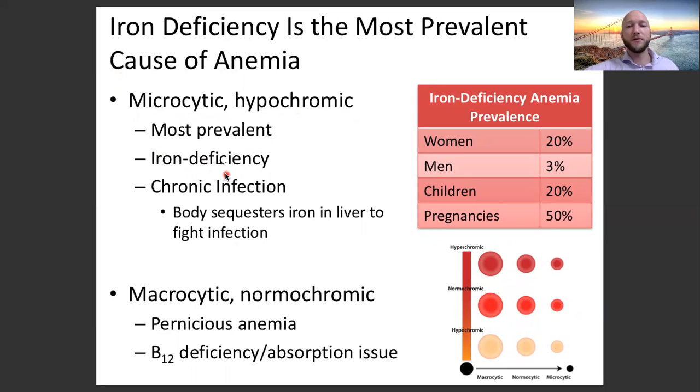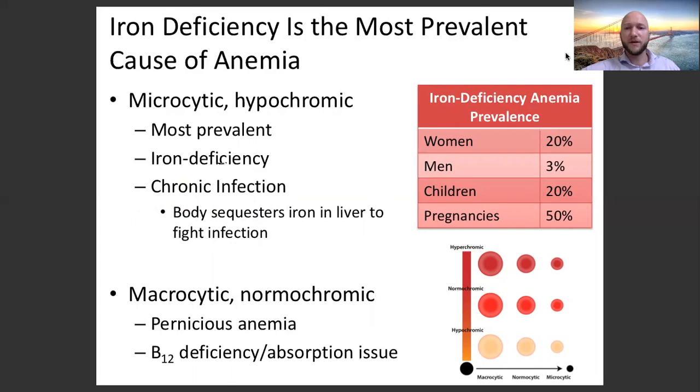It could also be a chronic infection issue. One way that your body helps fight long-lasting infection is it sequesters iron in your liver, and it tries to starve out the pathogen by reducing the amount of iron that can go to it. It can lead to iron deficient anemia.